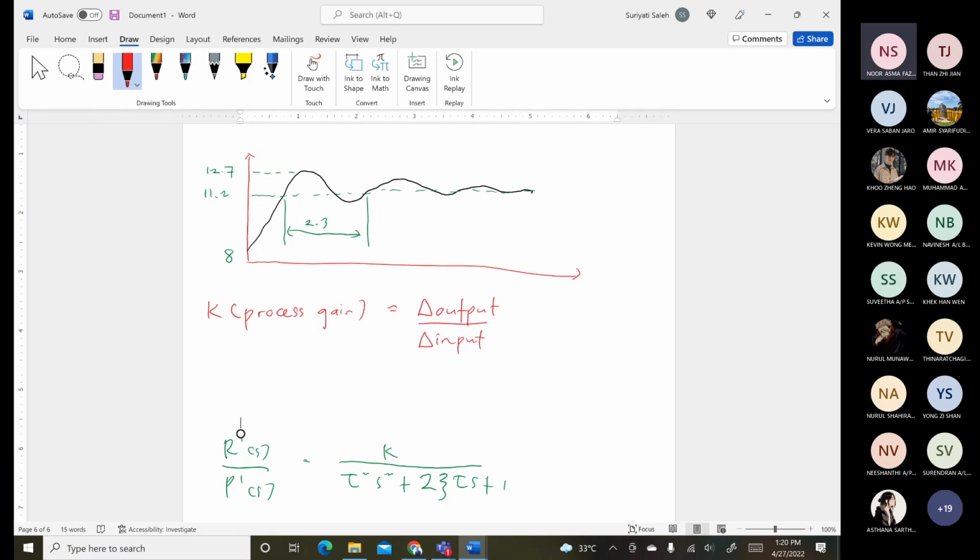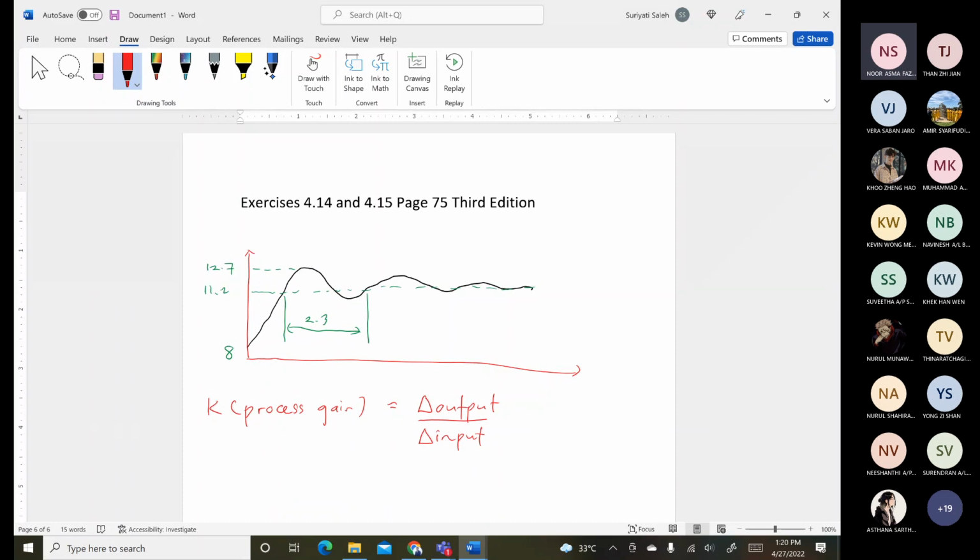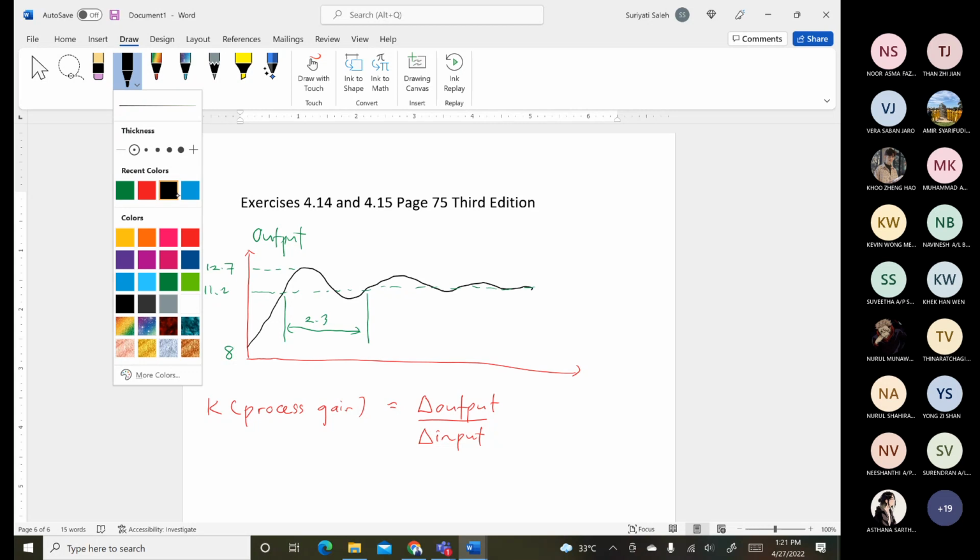So in this case, which one is your output? This graph represents your output. So based on the graph, your R is your output. The delta output means the final value of your output minus the initial value, where the final value is located at this point.